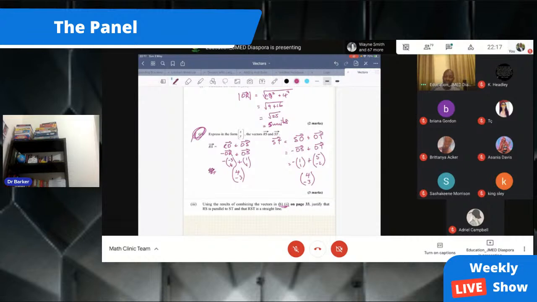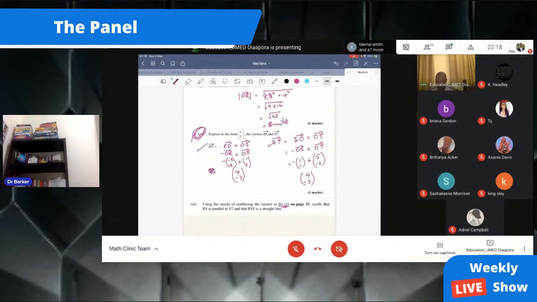Ryan, yes? So that's what they're saying, that RST is on a straight line. And we're going to justify that RS is parallel to ST.